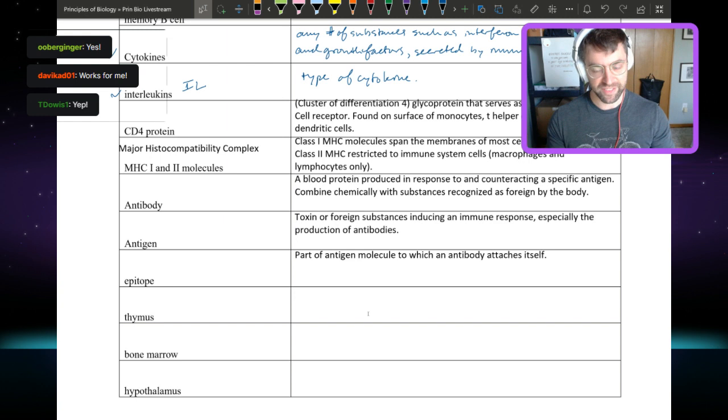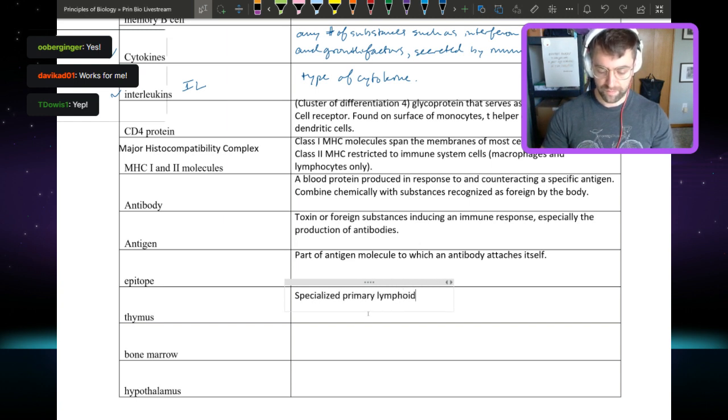T cells, thymus cells, mature in the thymus. So, a specialized primary lymphoid immune system organ, and the site of T cell maturation.